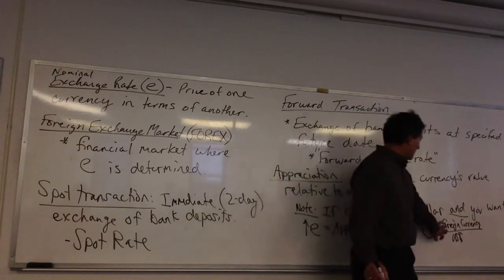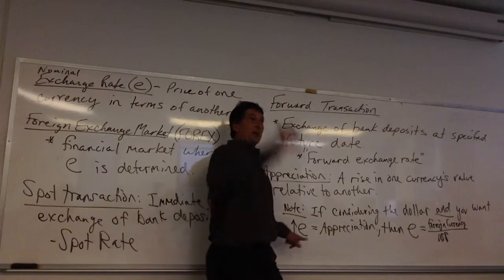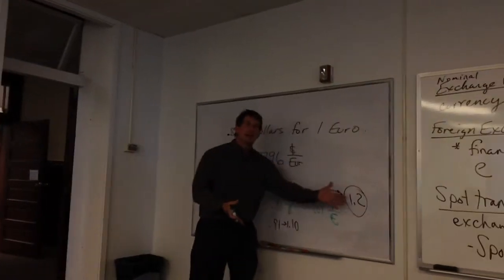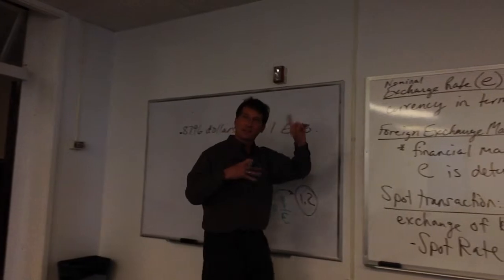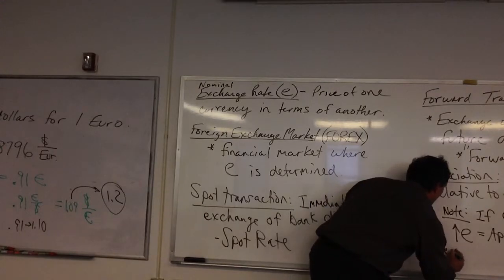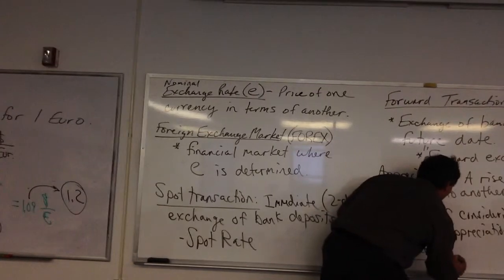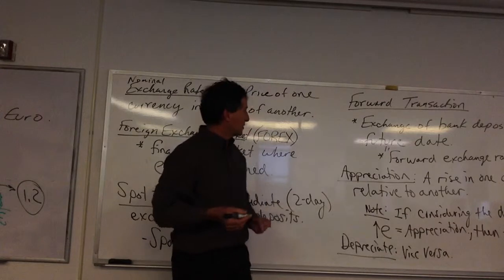So if you rate it that way, now up arrow means appreciation, and we don't have to do mental gymnastics because it's completely equal. But then up arrow means depreciation for our currency. So you kind of got to go back and forth. All right, so depreciation. I'm going to put vice versa. There's our official definition.